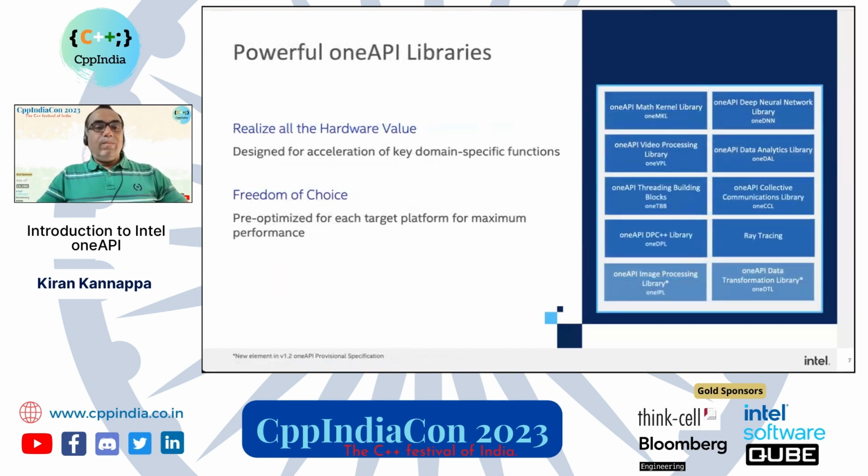Okay, so the libraries play a very, very important role. They not only make your code modular and reusable, but they also come in handy for performance. Each of these library components has its own footprint for the CPU, for the GPU, and for the FPGA, as the case may be. All of them may not be available for all these different hardware, but wherever they are, they are.